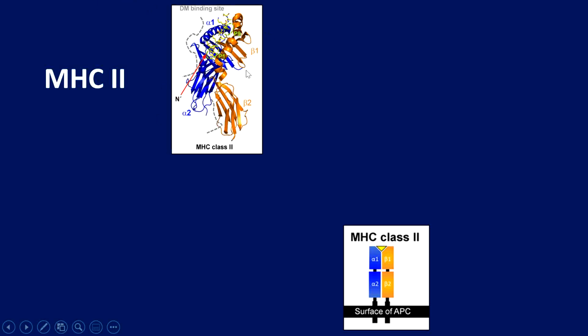This cleft is more open in MHC2 molecules compared with MHC1 molecules. The MHC2 molecule cleft is made up of a non-covalent association between the alpha 1 and beta 1 domains, and it binds the peptide through multiple van der Waals forces and hydrogen bonds.